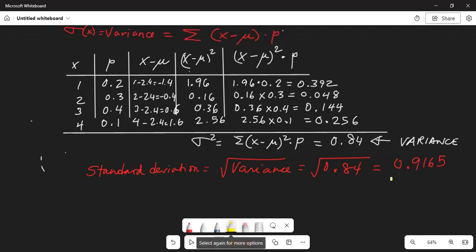So let me highlight that. So that's your standard deviation.